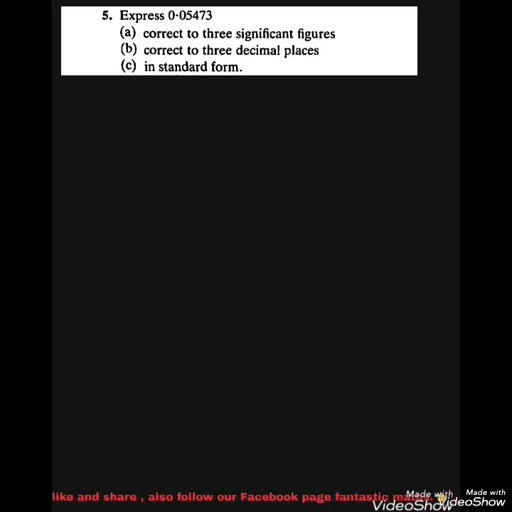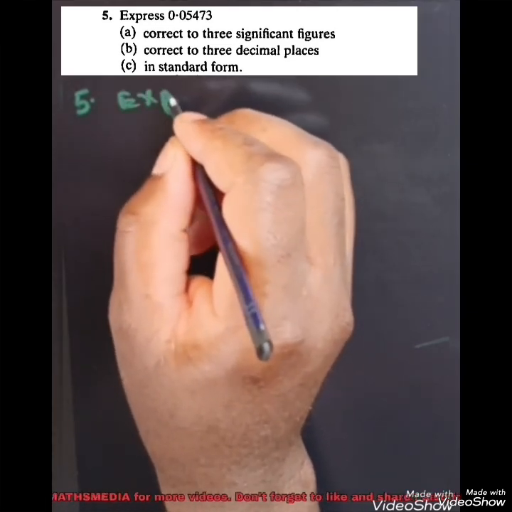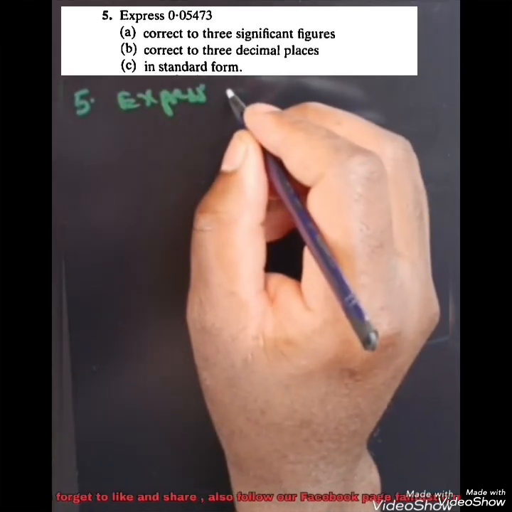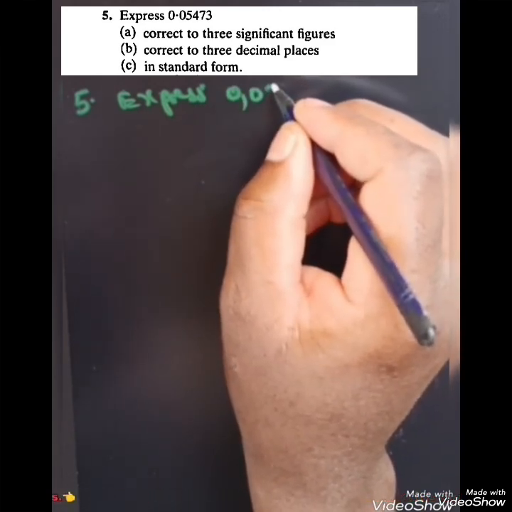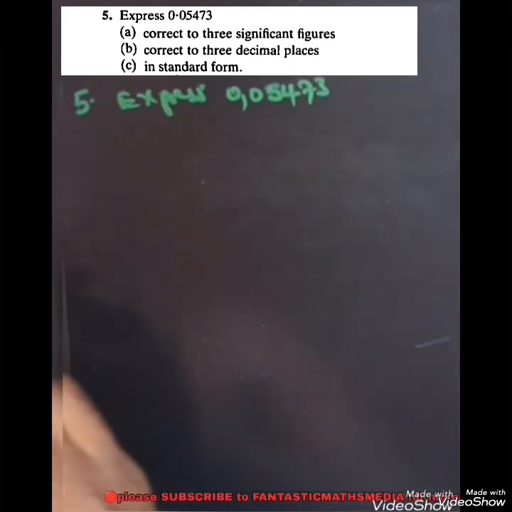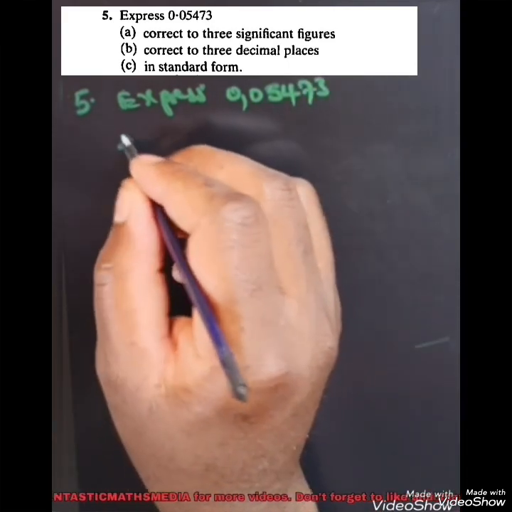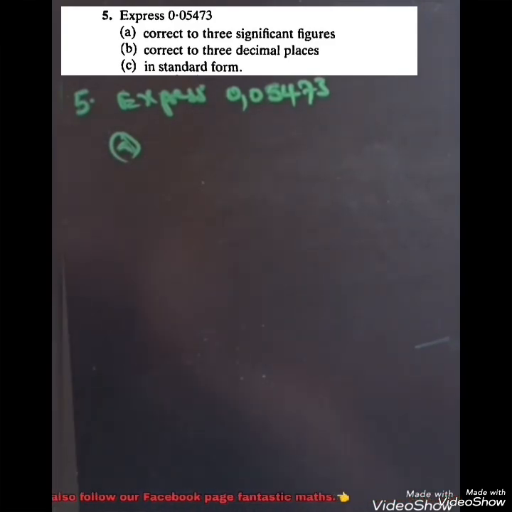Let's move on to question number 5. Express 0.05473 correct to three significant figures. So it's simple. When converting a number to three significant figures, you have to count from a number which is greater than 0, from left to right.